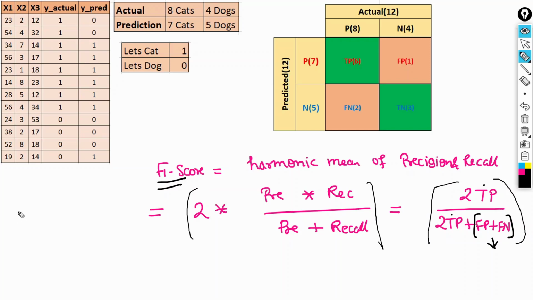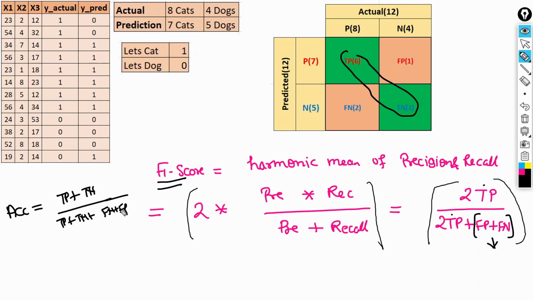As you know, in accuracy, TP plus TN divided by TP plus TN plus FN plus FP, these two terms are important, but here these two terms play the major role.